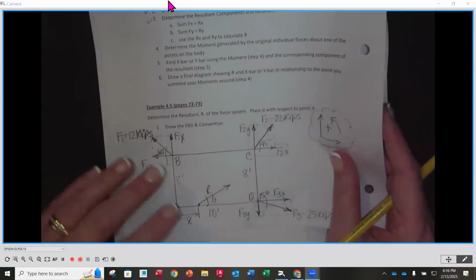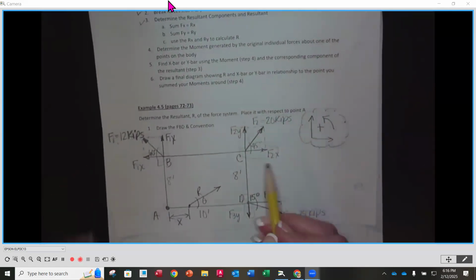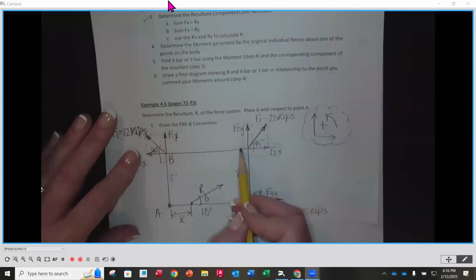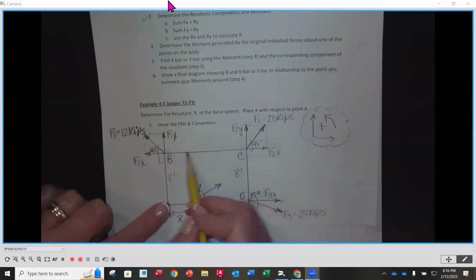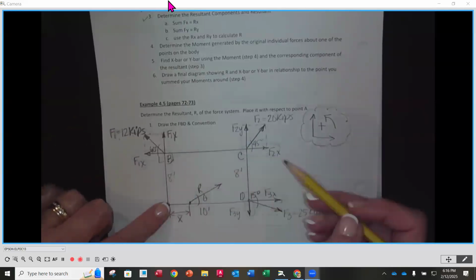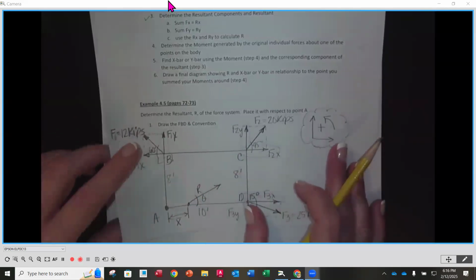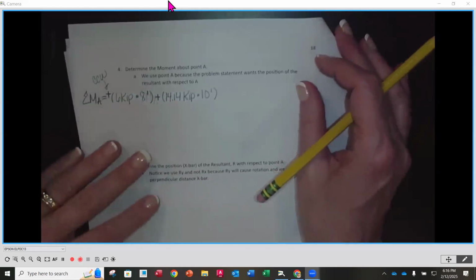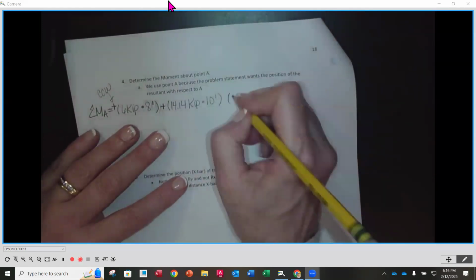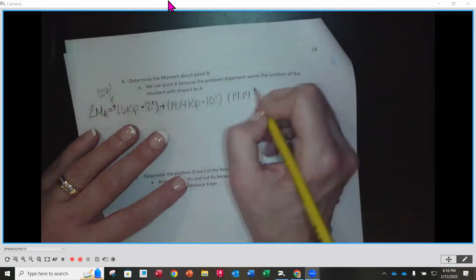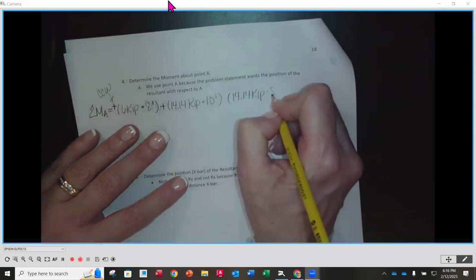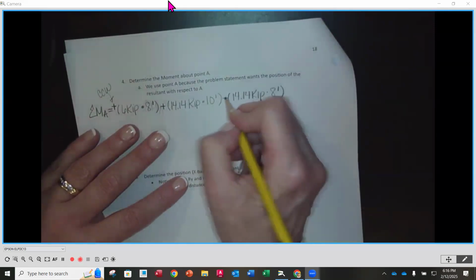And then the perpendicular distance, if we pull this back along its line of action, so we're in line with A, perpendicular distance here is going to be 8 feet again, okay, 8 feet. So 14.14 kips times 8 feet, negative out front.